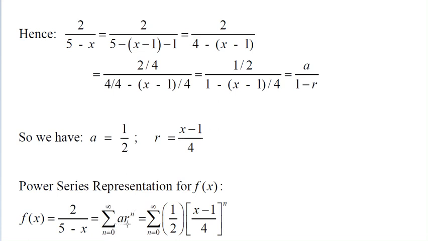This is a, this is r. A is 1/2, so in the place of a we have 1/2. And in the place of r, we have x minus 1 divided by 4. And so this geometric power series is a representation for this function.